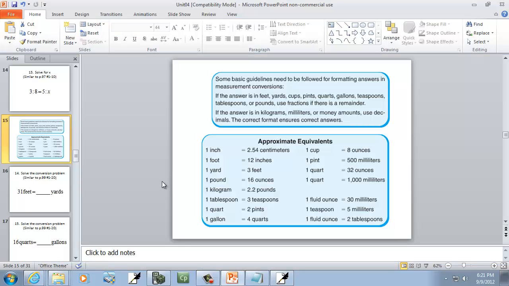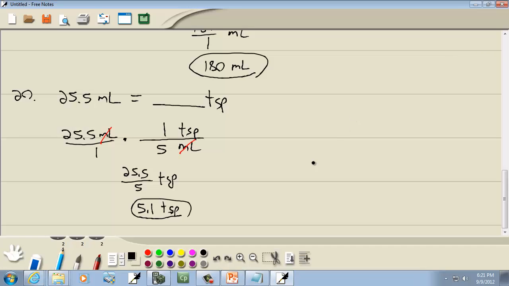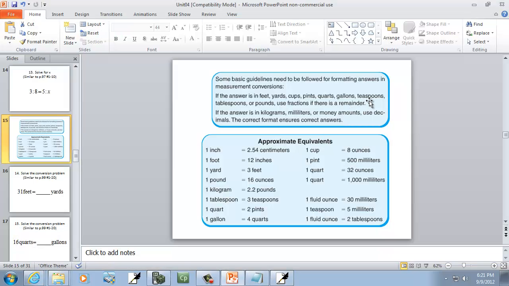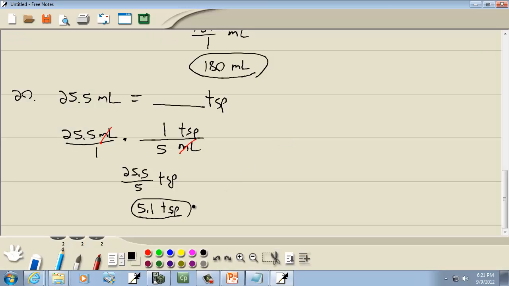Now, depending upon what area you're going into, the instructions in the homework should tell you this, but this gives you a guide. If your answer is in these, then use fractions if there's a remainder. The reason why I point this one out, this is a teaspoon, and we do got a remainder here. This is the same as saying 5 plus 0.1 teaspoons.